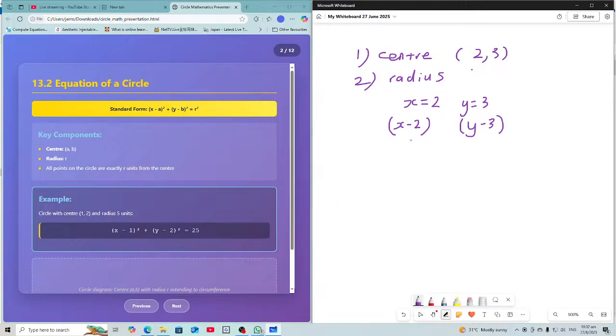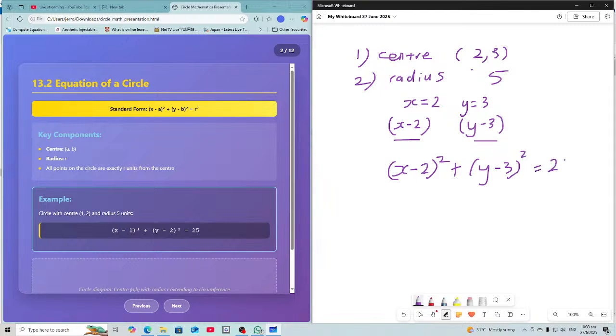So let's have a look back here. You have this, and when you bring it over to the left side, that's what you see on the left side. And of course, if you know the radius, let's say for instance it is going to be 5. With a radius of 5, we can rewrite this as x minus 2 squared plus y minus 3 squared, and that would be equal to 25.